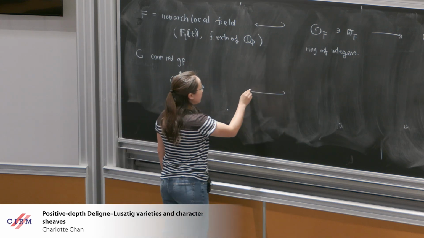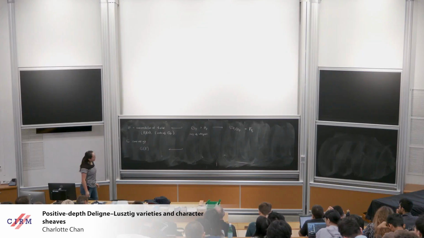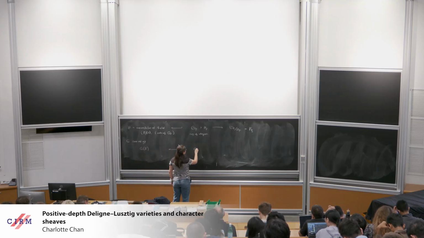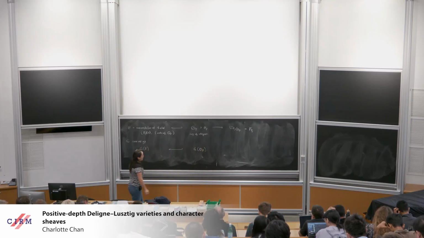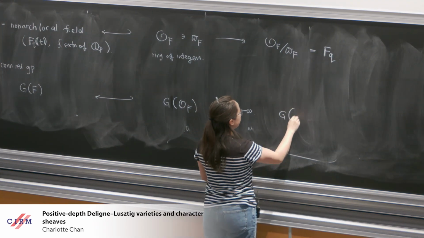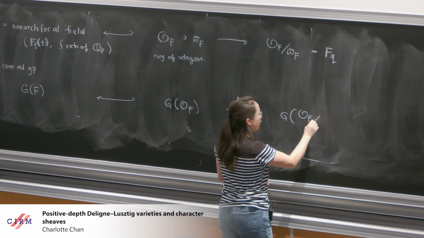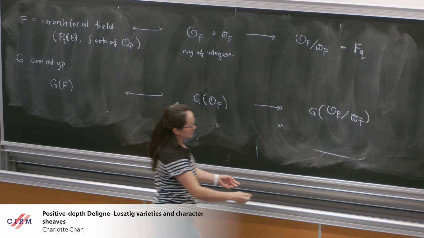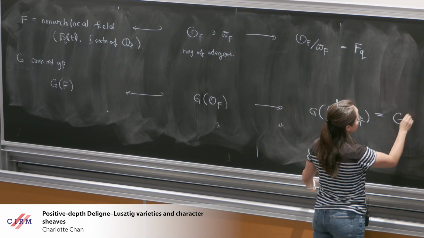Inside something like GL2 of F, I have GL2 of OF. And this has a natural quotient map to GL2 OF mod this thing. So this thing is now G of FQ.